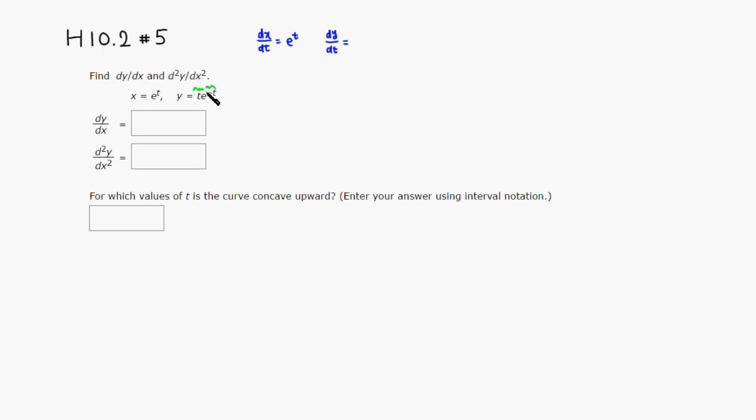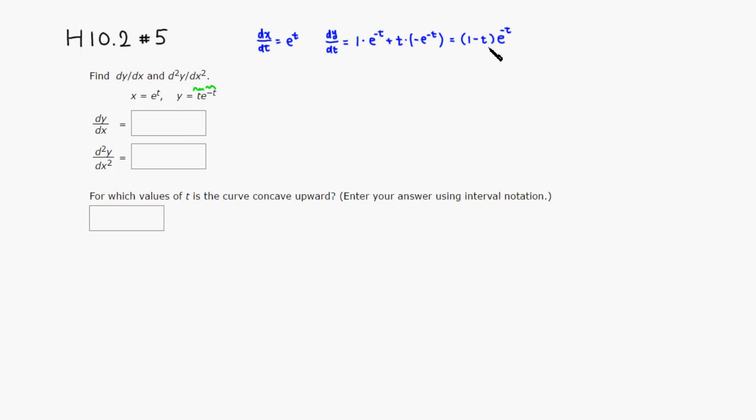So derivative of the first guy is 1 times the second guy, e to the negative t, plus t times derivative of e to the negative t is negative e to the negative t. We can factor out e to the negative t. You will get 1 minus t times e to the negative t.